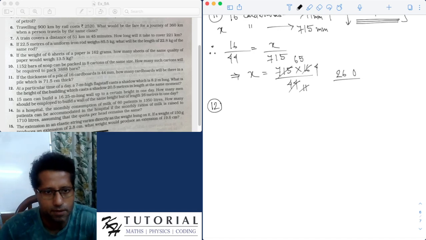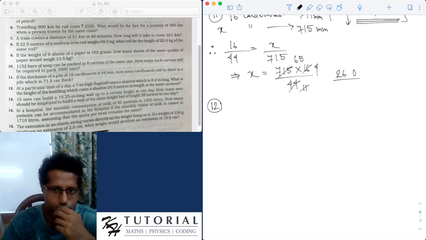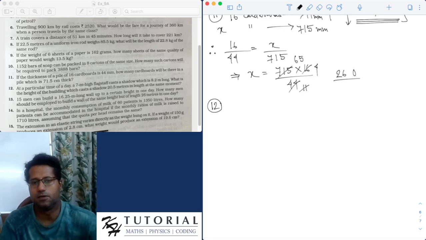At a particular time of a day, a 7-meter high flagstaff casts a shadow which is 8.2 meter long. What is the height of the building which casts a shadow 20.5 meters in length at the same moment? So I have already discussed some examples of two quantities in direct proportion.